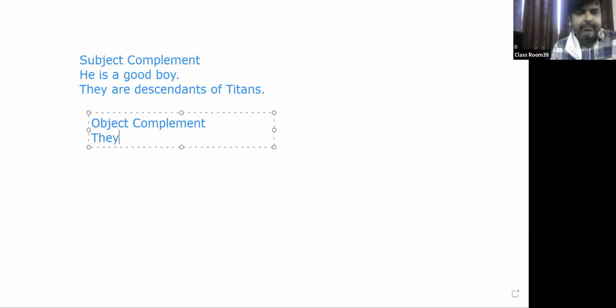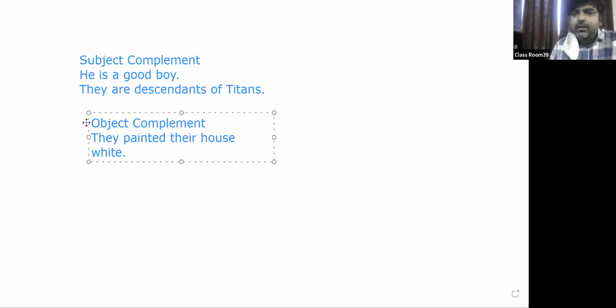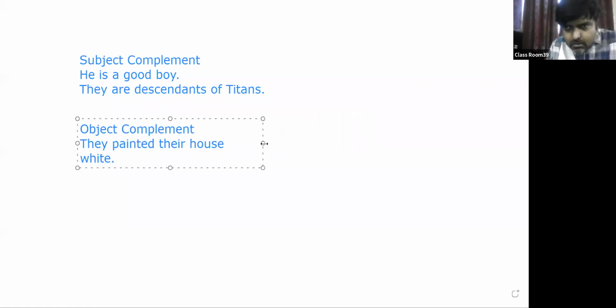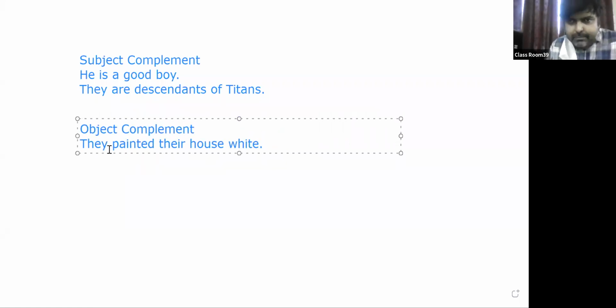Here, object complement means anything that follows the object is an object complement. They painted their house white. So in this particular sentence, the subject is they.